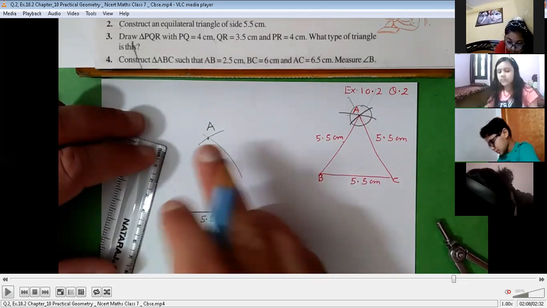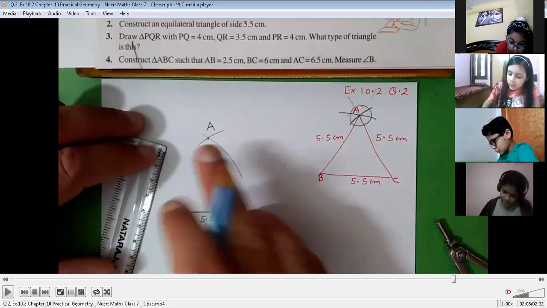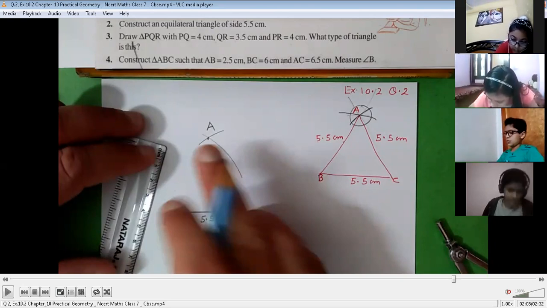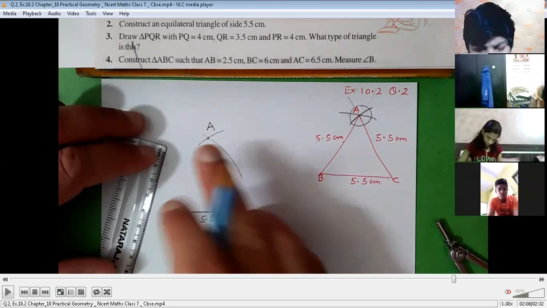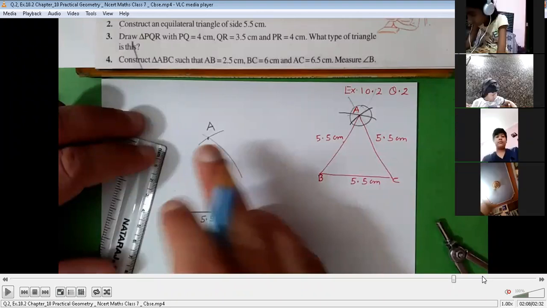Now take your compass and scale, measure 5.5 centimeters and cut your arc from points B and C. One arc from B, one arc from C, with the same measurement. Abhigyan, start drawing it, beta. It's very easy to construct a triangle. Come on, do it.